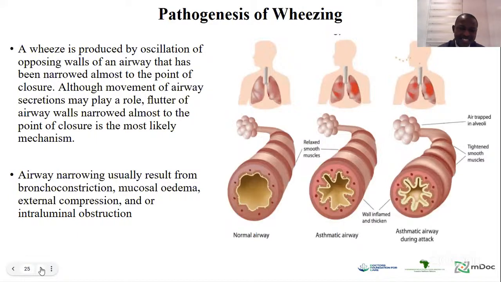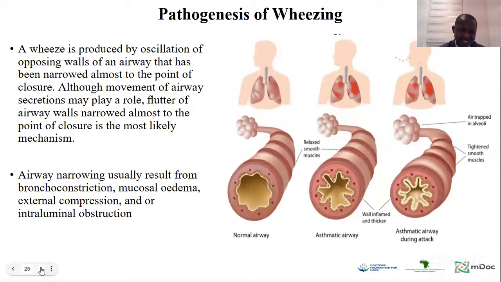Like I said, the background problem in a patient that is wheezing is turbulent airflow through an obstructed airway. I'm sure we're all familiar with the picture on the screen, just a picture of the airway. We can appreciate the mucosal lining and then the muscular layer.